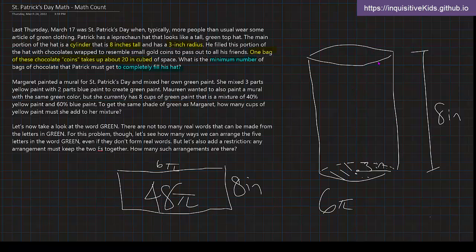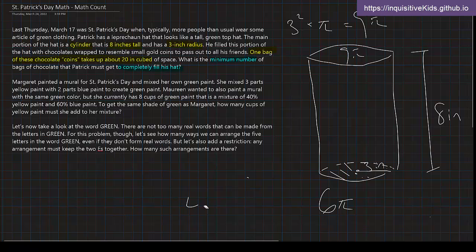So we're trying to find the area of this circular part up here. To find the area of a circle, we first square the radius, times pi, and we have 9 pi. Now we add 48 pi with 9 pi, and we get 57 pi. So the surface area is 57 pi.